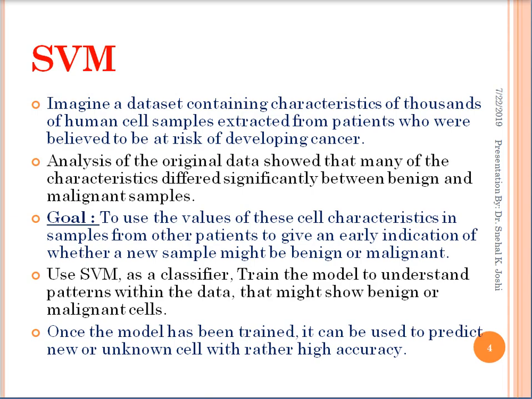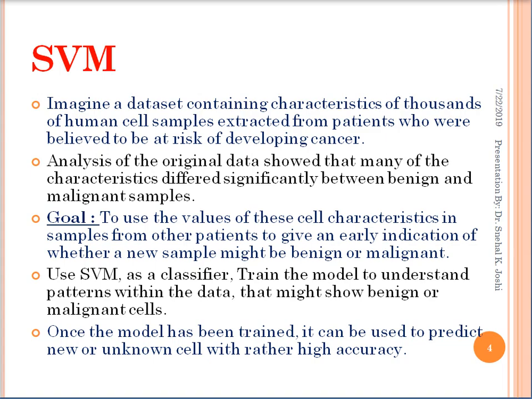Let us take an example to understand SVM. In coming lectures, we will implement and write code using Python to understand SVM. We have a data set which contains hundreds of human cell samples of potential cancer patients who were medically verified about the risk of developing cancer.